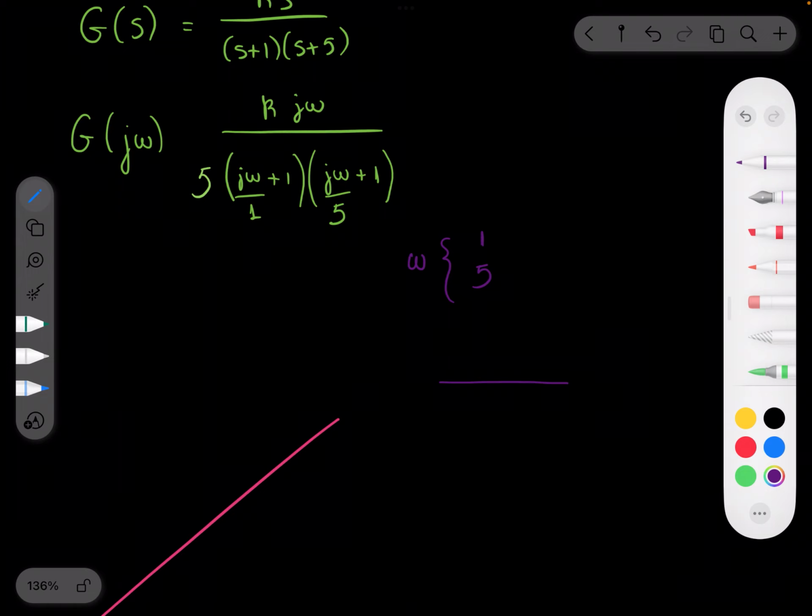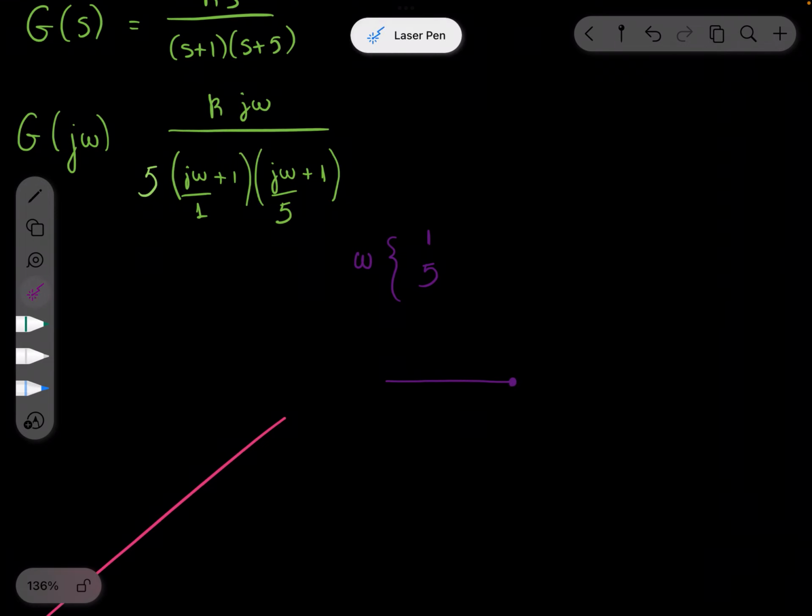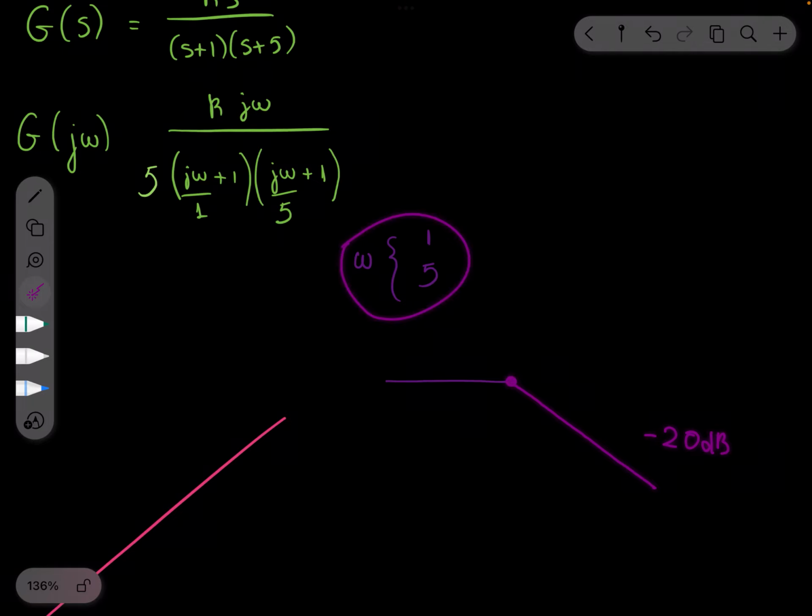So from constant gain, once you hit a corner frequency, you're going to have a slope of 20 decibels in this case, because there's no quadratic, so it's not 40. Okay, but is the slope going to be positive 20 or negative 20 decibels once you hit the corner frequency? Once again, it's the same as previously. Since we are looking at the denominator, so these are poles, they're going to have minus 20 decibel gradient once you hit the corner frequency.